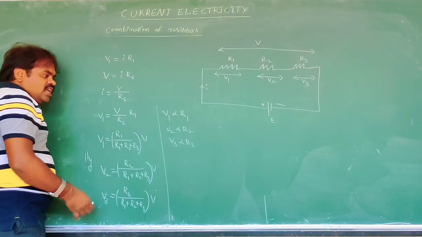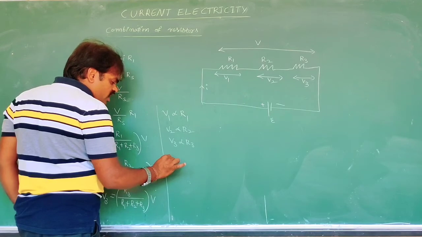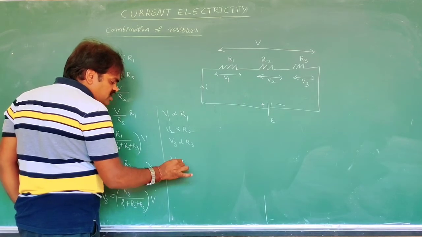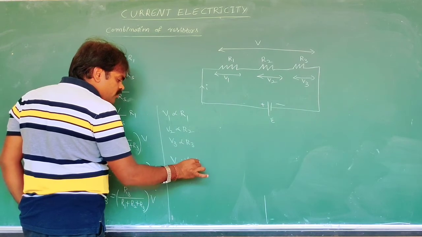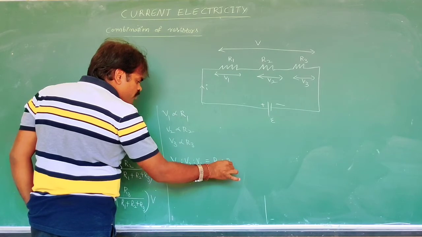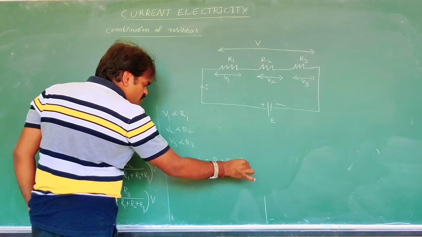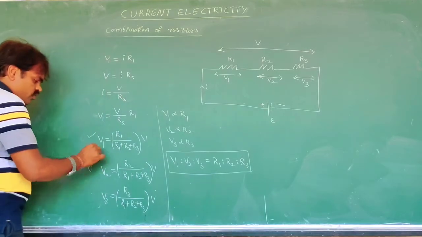That means in a series combination of resistors, the ratio of potential drops is V1 : V2 : V3 equal to R1 : R2 : R3. These two formulas are very important for solving problems.